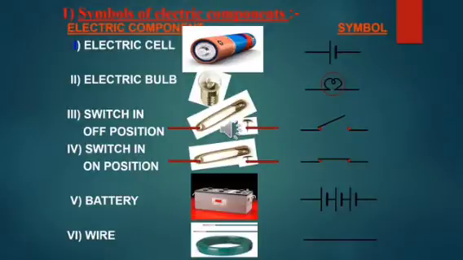And you were asked to make a circuit of your own, and you were asked to make the bulb glow. I think you remember this, right? Most of you tried doing it, and many of you could make the bulb glow also. So you tried to make your own electrical circuit, right?